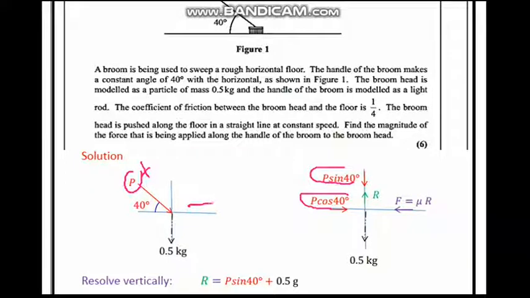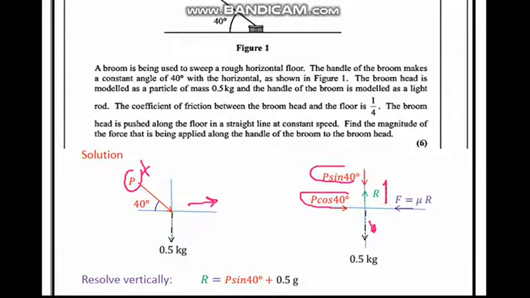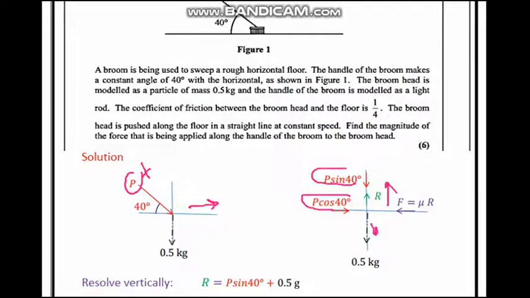The broom tends to move in this way, so the friction force is in the opposite direction, which is equal to mu R. And now we have the weight downwards. The normal reaction will be upward, as you see. These are the total forces acting on the broom. It's okay.